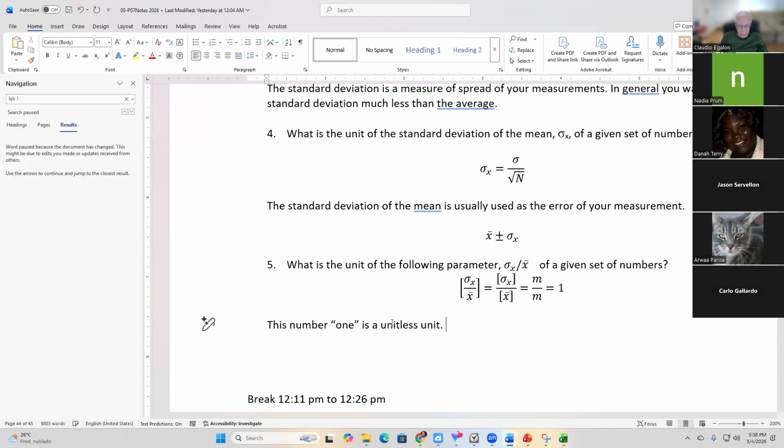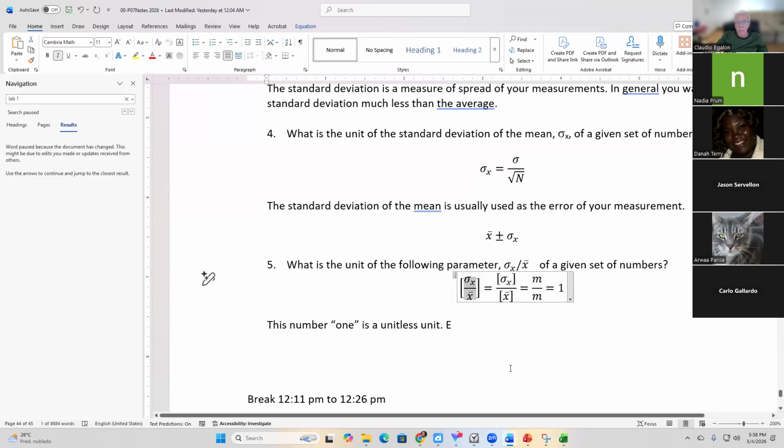Can you explain that one more time? This ratio that you see right in here, if you want to find out the unit of this ratio, you're going to get the unit of the standard deviation of the mean divided by the unit of the mean, which is meter divided by meter.